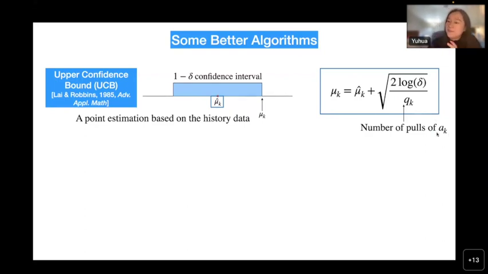You can imagine that when the empirical means of the arms are close to each other, the second term will dominate, which automatically leads to pulling the arm that has been less explored. On the other hand, if the empirical means differ significantly, then the second term will not make a big difference to the upper bound. So this is an automatic balance between exploration and exploitation.